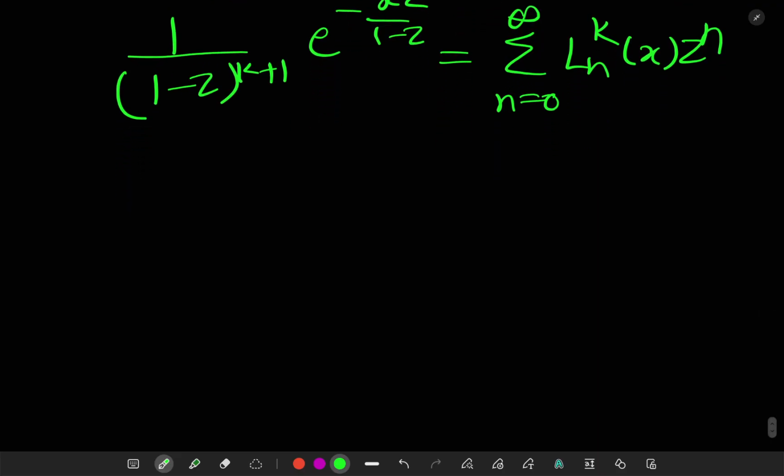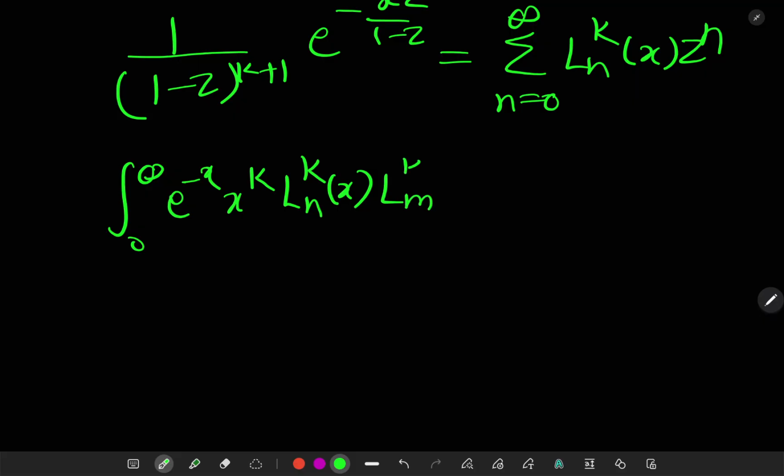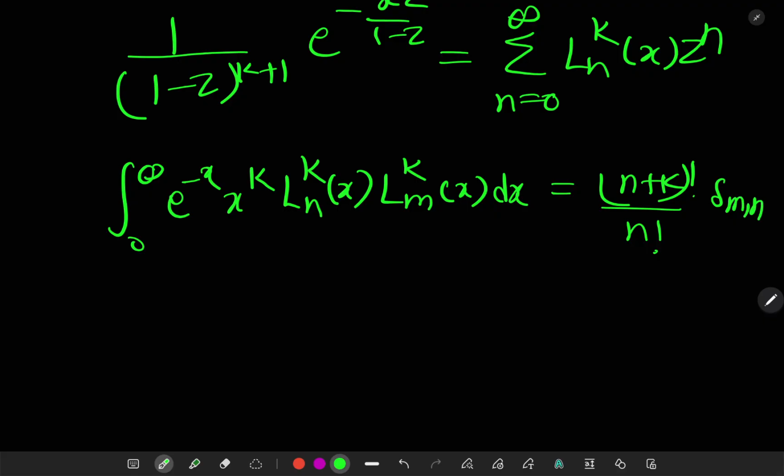Now, orthogonality of associated Laguerre polynomial. Integral limits from 0 to infinity of e raised to power minus x, x raised to power k, Ln k x Lm k x dx equals n plus k factorial divided by factorial n, Kronecker delta mn.